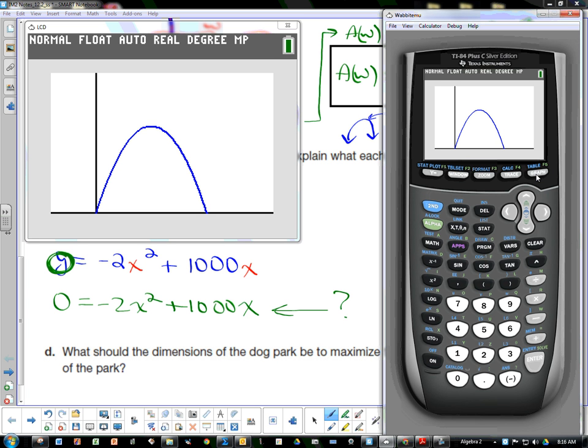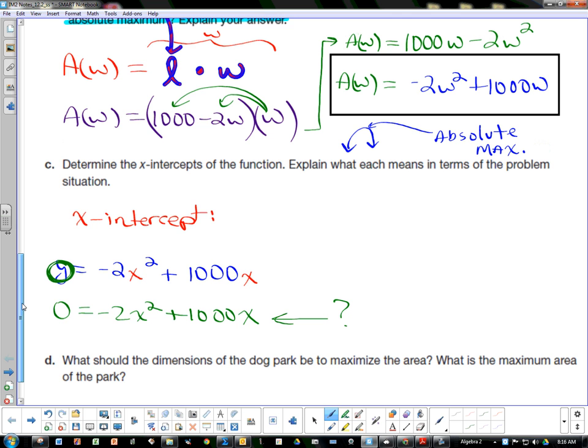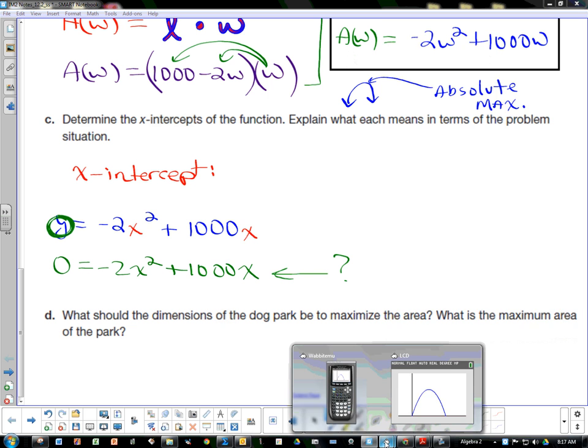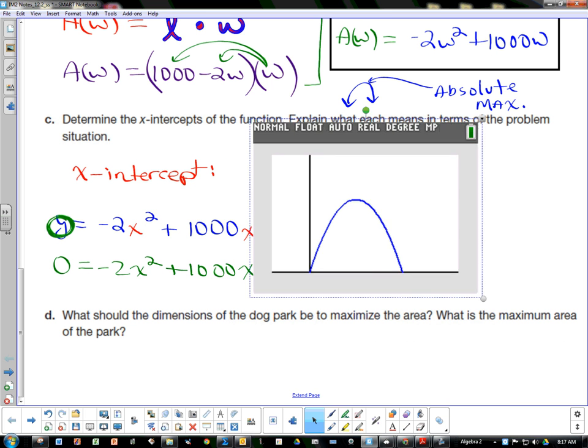All right, now what do we need to do? On part D here, it asks us, oh, sorry, we're still on C. We're asked to find the x-intercepts. All right, well, I'm going to take this picture. Let's drag it over for a moment.